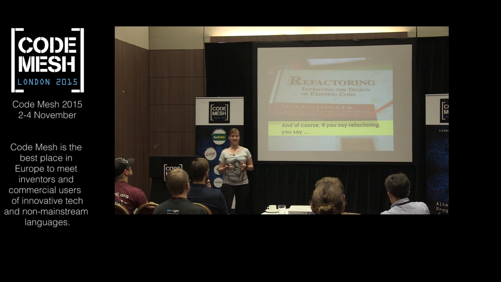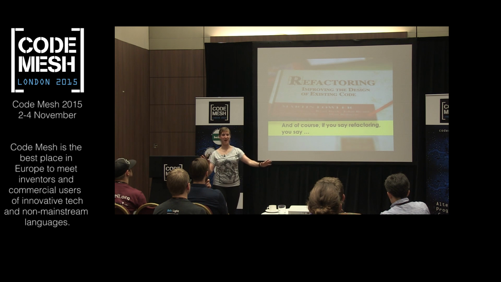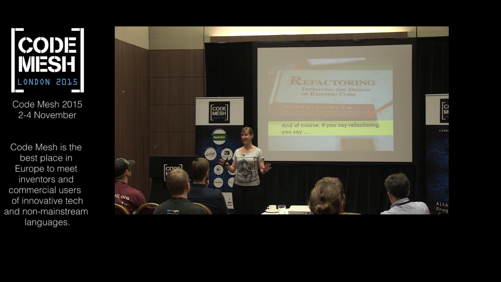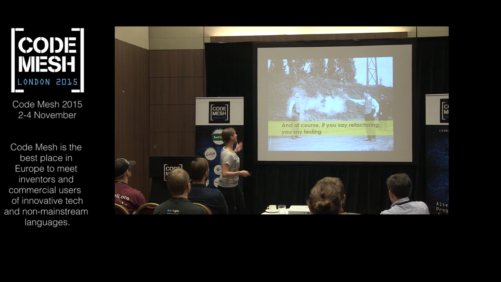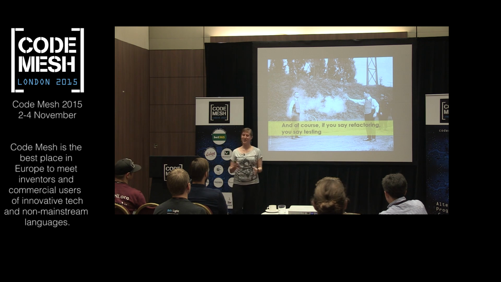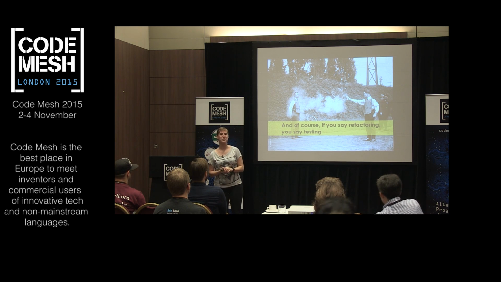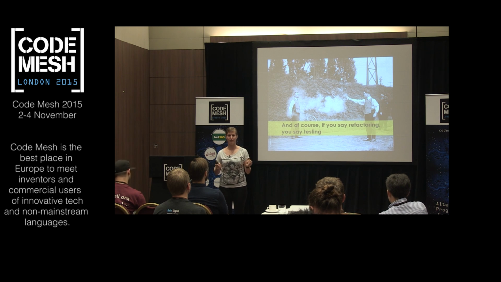And then of course, you should know this one. I'm okay if you didn't know all the spreadsheet answers, but someone should get this right. If you say refactoring, you say test. Very good, of course. We cannot give those poor spreadsheet people a powerful refactoring tool if they don't have tests. How will they know if everything is okay?